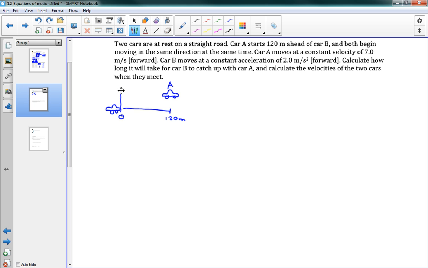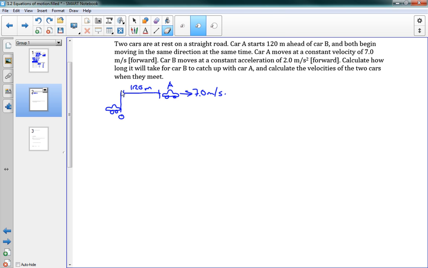Now we know that car A is moving at 7.0 meters per second forward, and I'm just going to change where I have this 120. We'll say that this was 120 meters here.